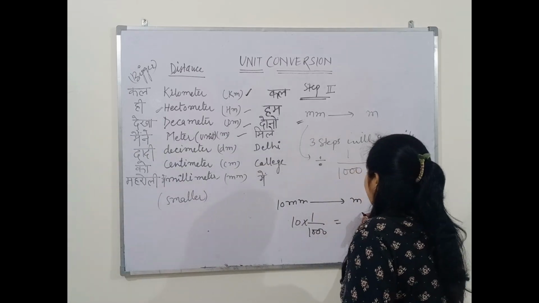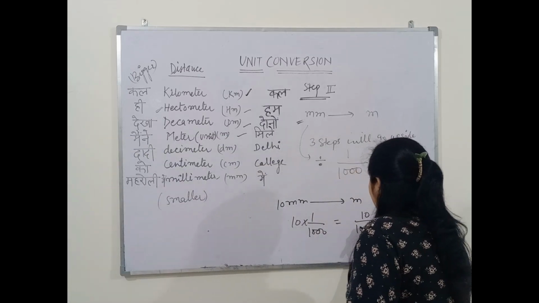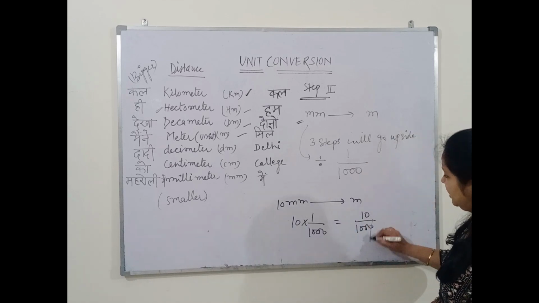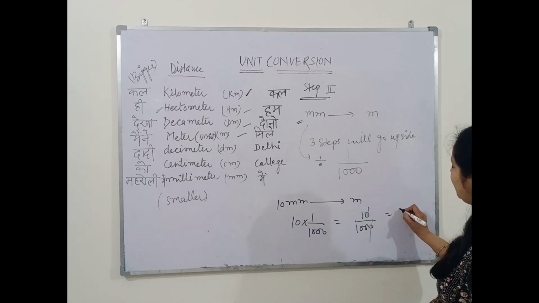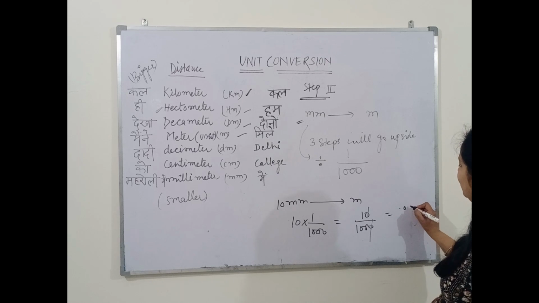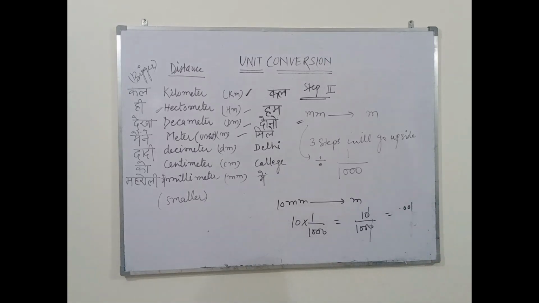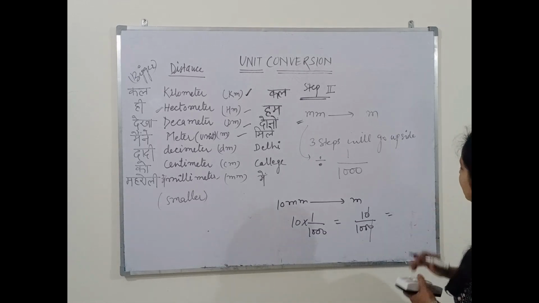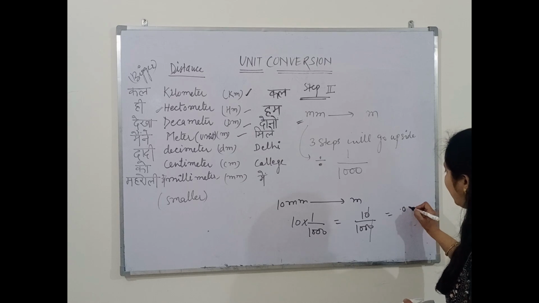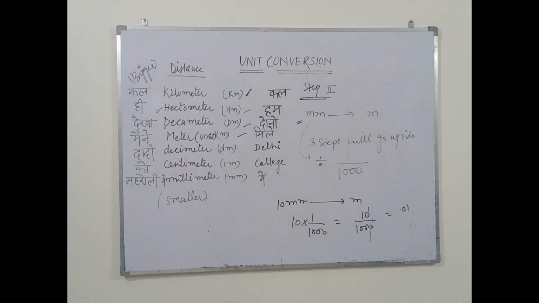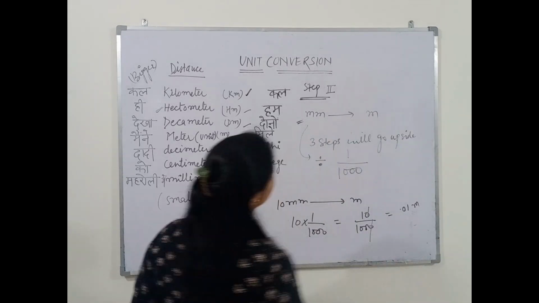So your value will be 10 divided by 1000. Your answer will be 0.001. Got it? That means after the point there will be 2 zeros. This is meter.